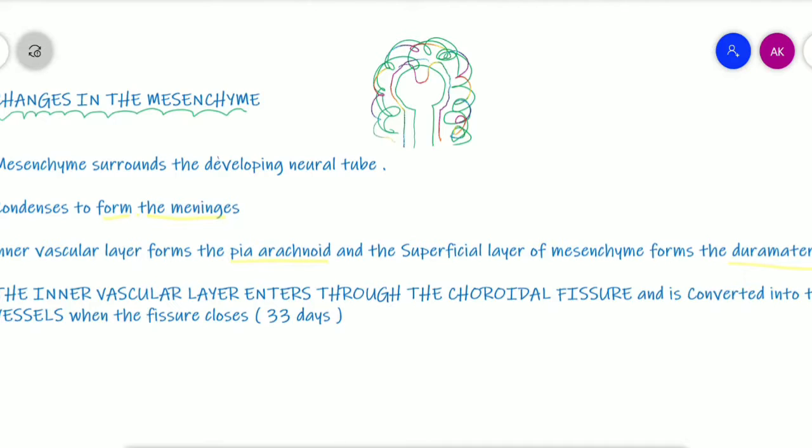Moreover, as we know this is our optic vesicle, let me draw it again. So this is our optic vesicle and it is surrounded by the mesenchyme.